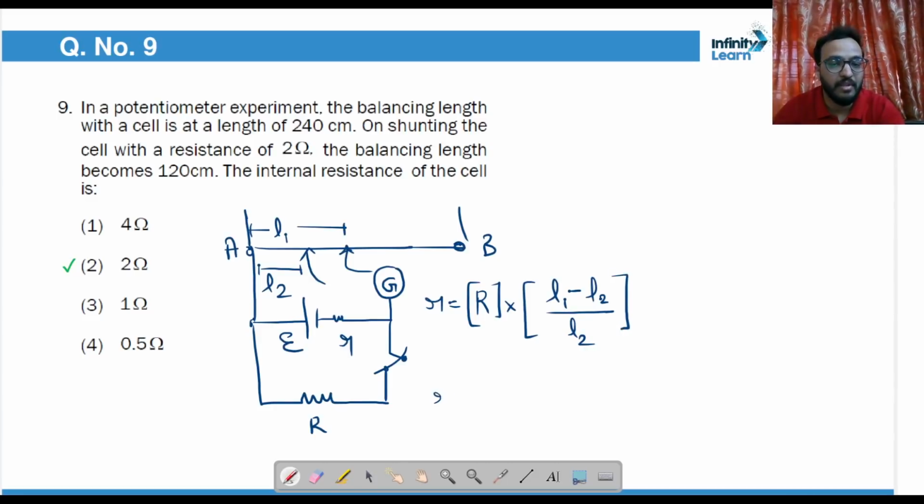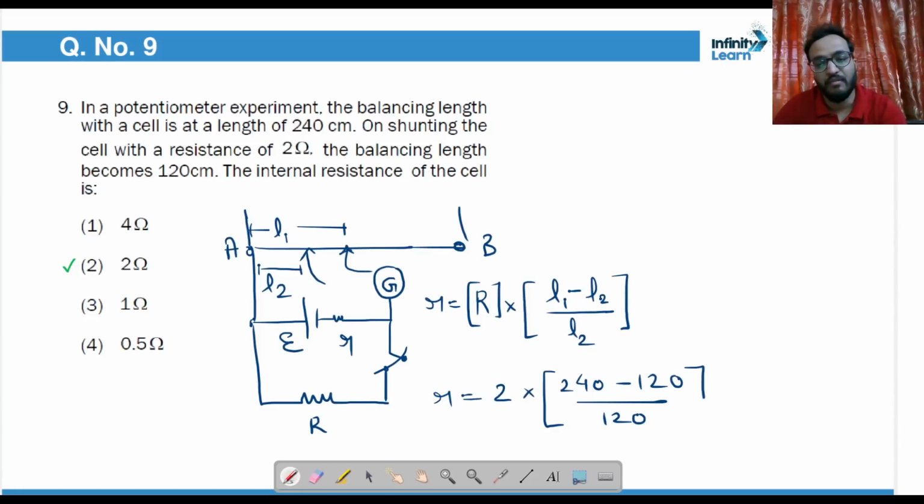This we need to remember. Now capital R is 2 ohms into L1 minus L2, which is 240 minus 120, upon 120. What is the answer? 2 ohms. Got it? Please remember this formula. Then only you can solve this question, otherwise not.